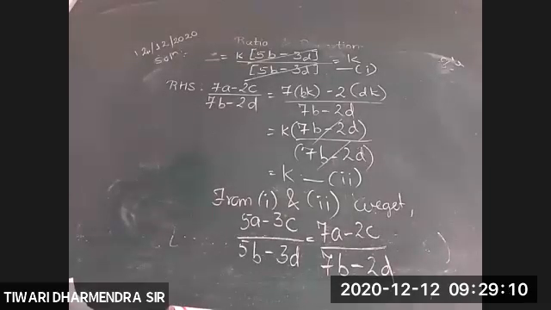Here we had two equal ratios with different numbers, that is a by b equal to c by d. But now we'll go through a problem in which the numbers are going to be in continued proportion. So what is the difference?